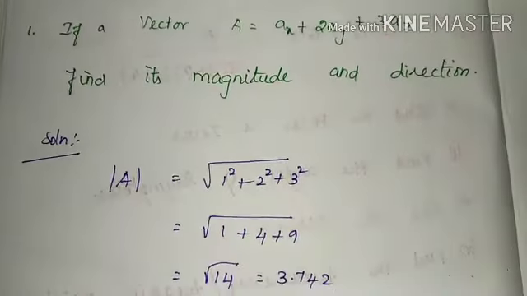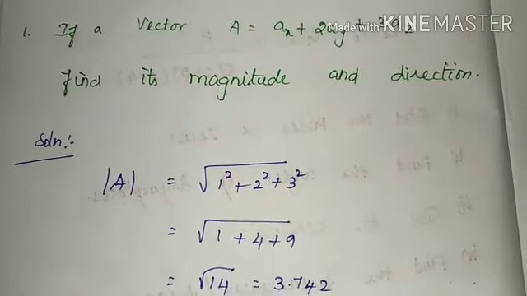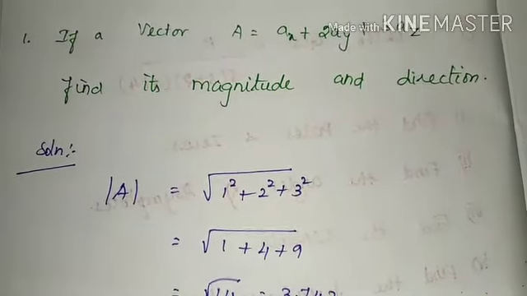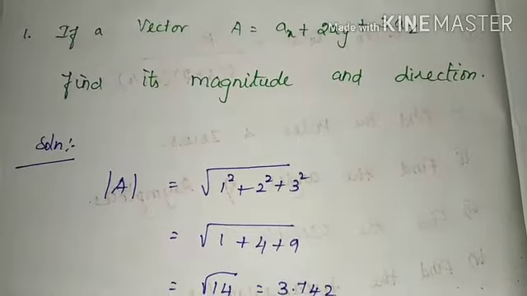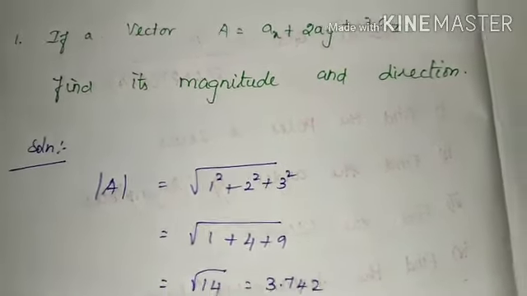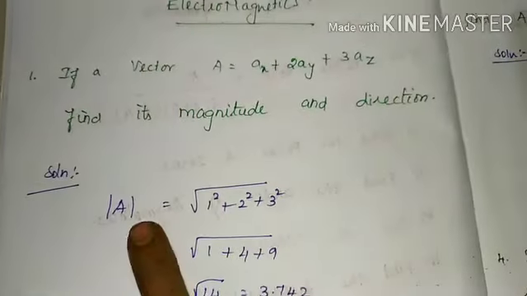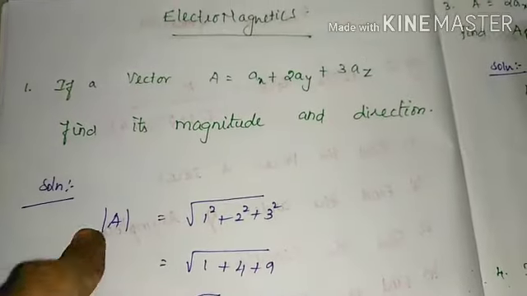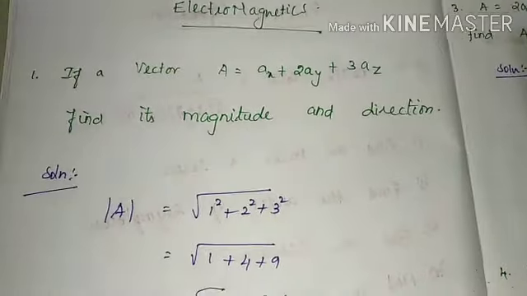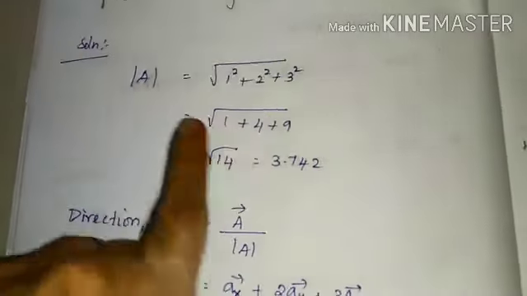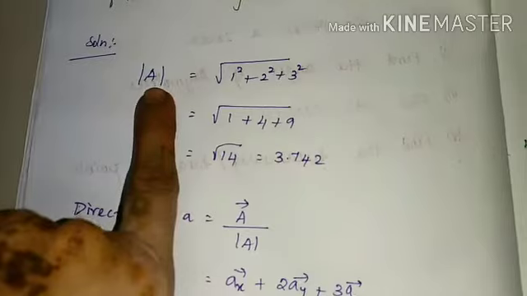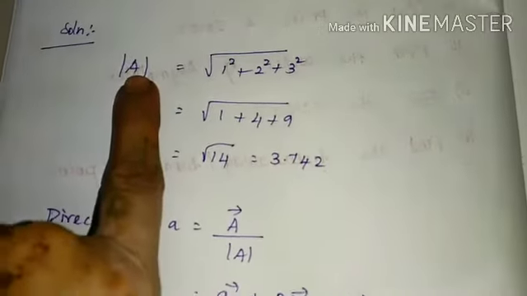See the first example. If a vector A is equal to ax plus 2ay plus 3az, find its magnitude and direction. See, first step we are going to find the magnitude. See here, how can we find the magnitude of any given vector?